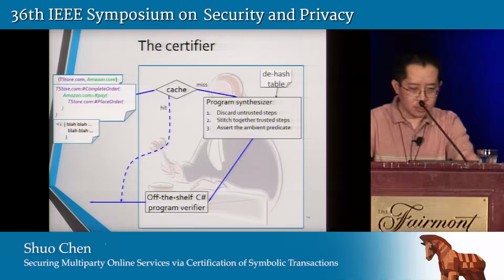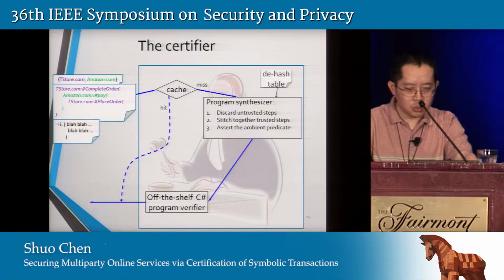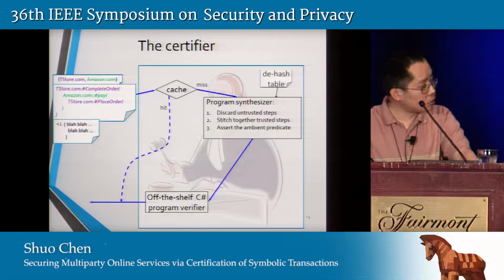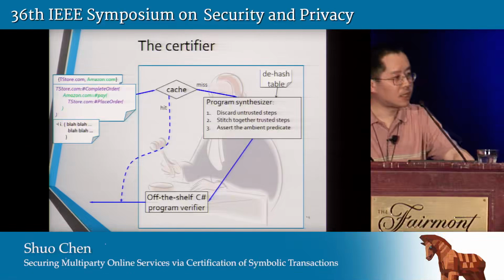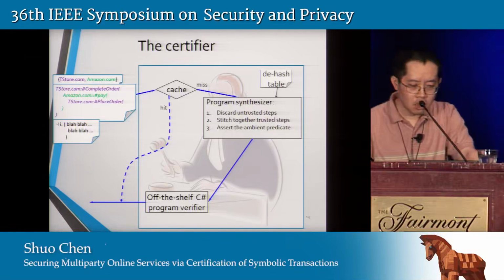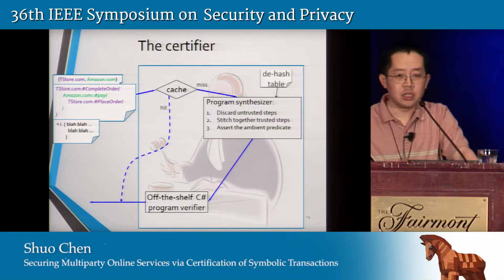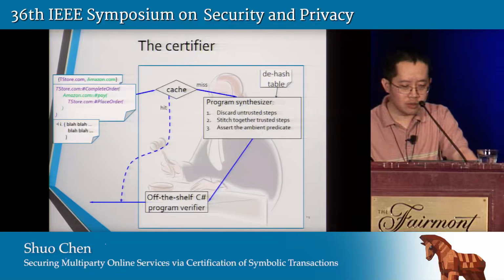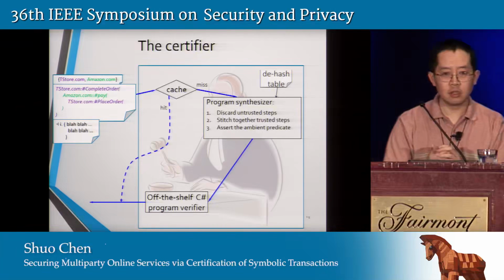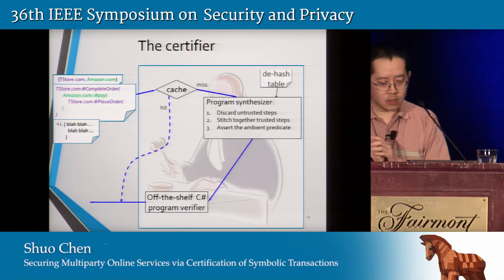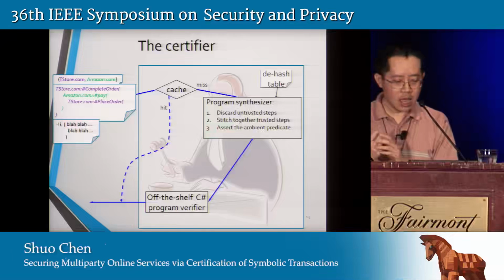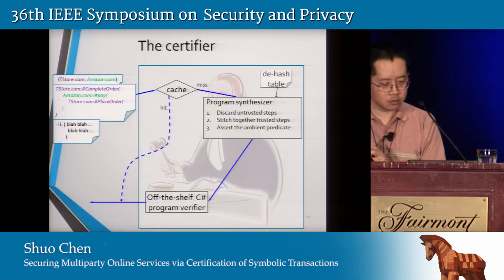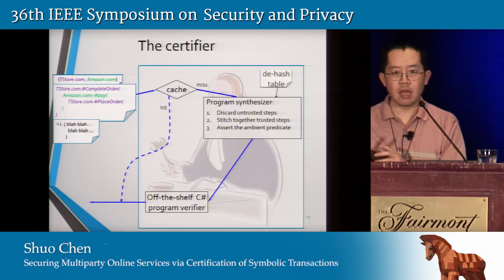The certifier consists of a cache, a program synthesizer, and an off-the-shelf C# program verifier. Here you also see the 3 pieces of input that I showed in the last slide. Initially, the cache is empty, so the input arrives at the program synthesizer, which does 3 things. It discards untrusted steps, stitches together trusted steps, and asserts the ambient predicate.